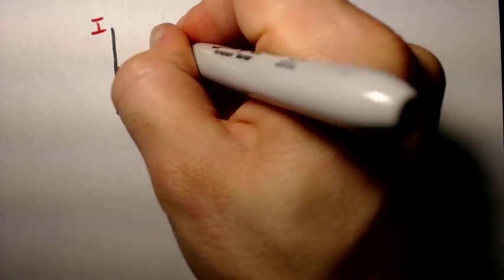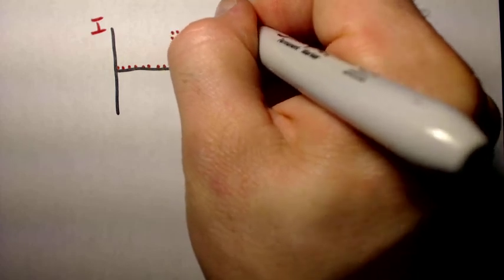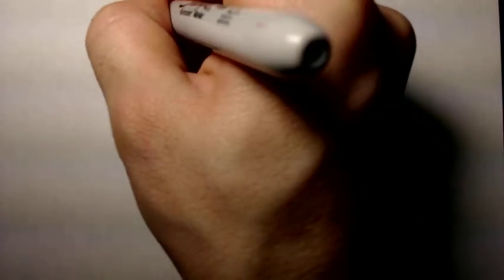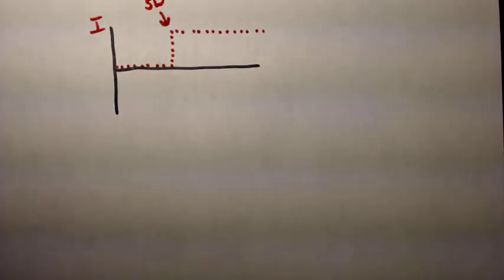At some point, the switch is thrown. The current wanted to change instantly. However, the inductor is not allowing that to happen. Just like before, we said it's acting as a temporary backwards battery.